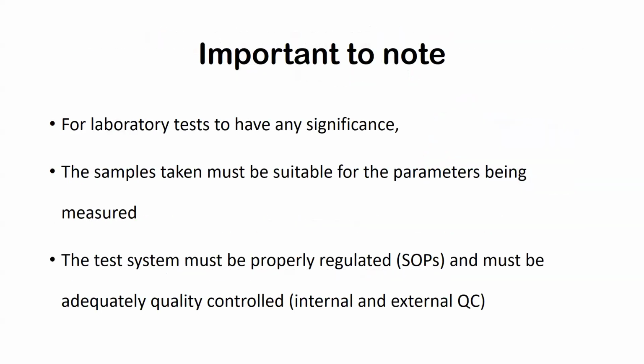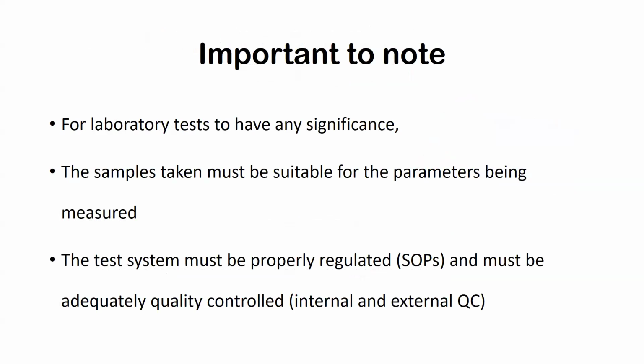Of importance is that all our labs should adhere to some standards for that laboratory test to be significant. First of all, the samples must be suitable for the parameters being measured. We don't want a sample coming in the lab and then we reject. Bring a sample which is suitable, enough, right vacutainer, not hemolyzed, not clotted.